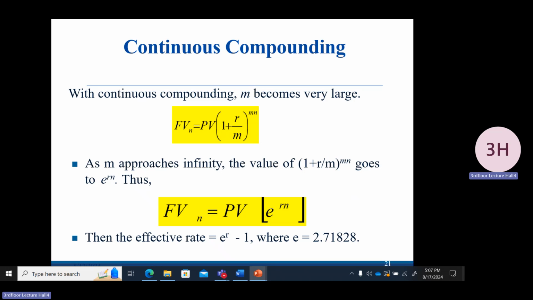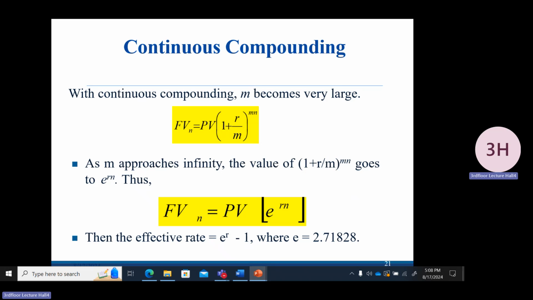As a result, with continuous compounding, you can see the formula. Future value is equal to investment into e to the power rn. e is a natural constant, a constant value, always equal to 2.71828.